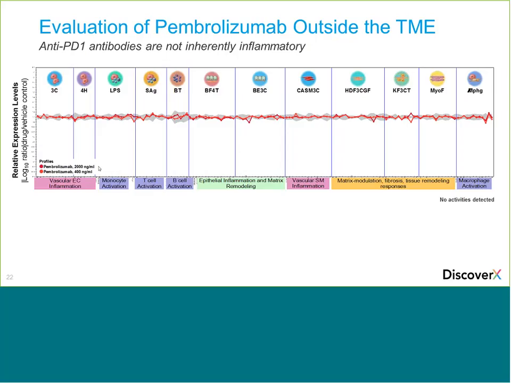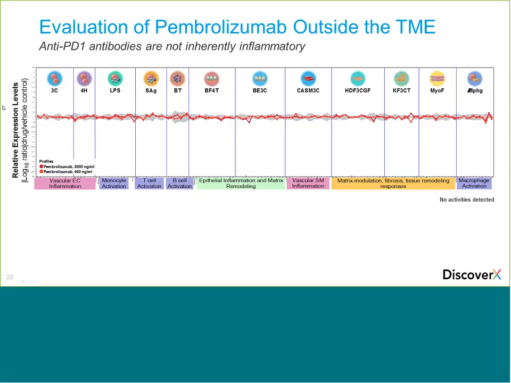The inactivity in this case, in systems that have primary human cells without cancer cells, is consistent with the mechanism of action of this anti-PD-1 drug, which indicates that it is able to restore immune responses in an immune-suppressed environment without being inherently inflammatory. And that is what's known quite well about this drug, and it's something that we've observed in this approach as well.